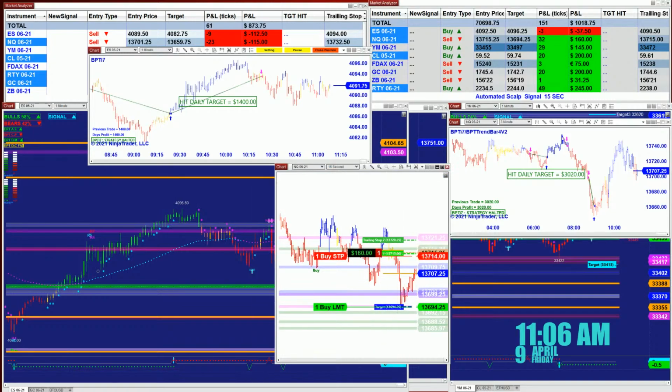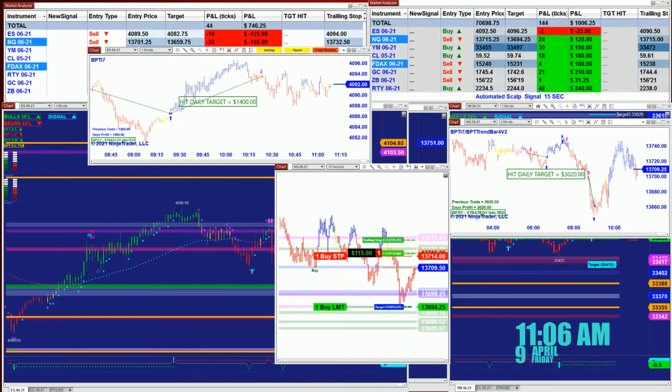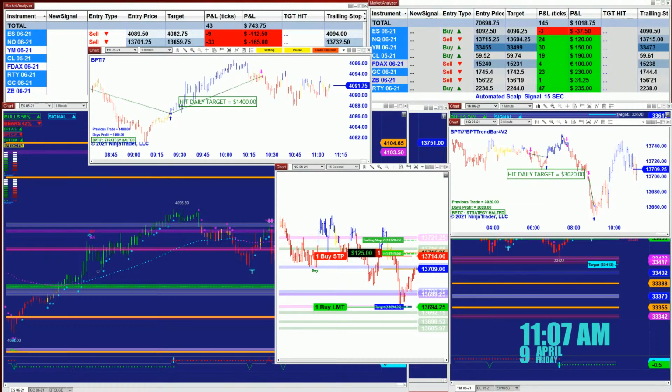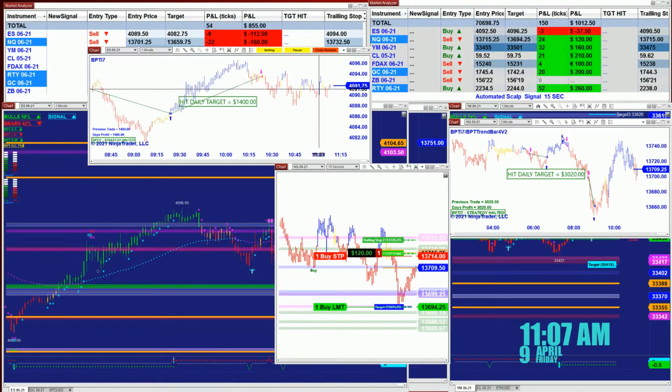So the whole idea here, guys, is nobody is forcing you to get into a messy market like yesterday, or today, which was trending and now the market is sideways.